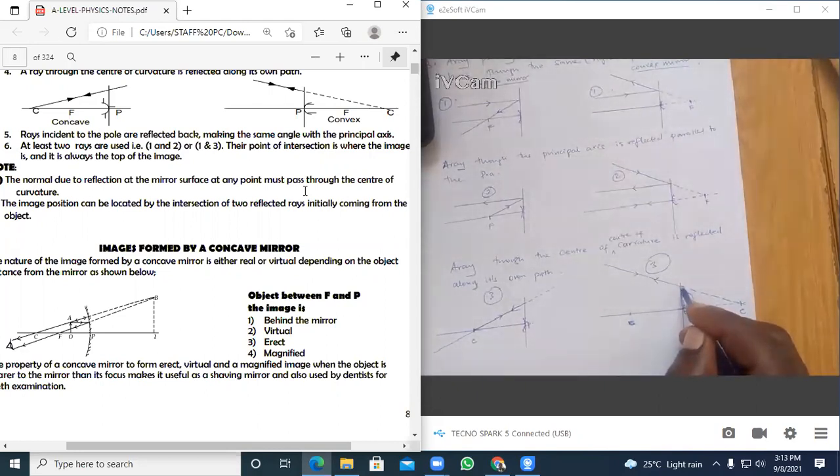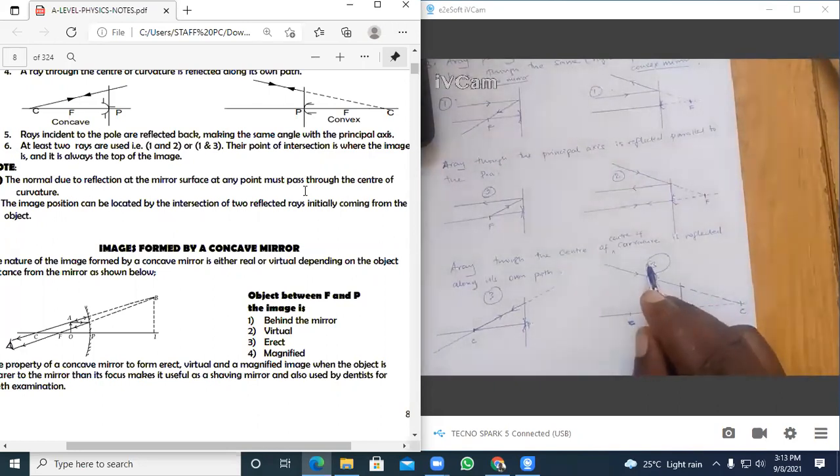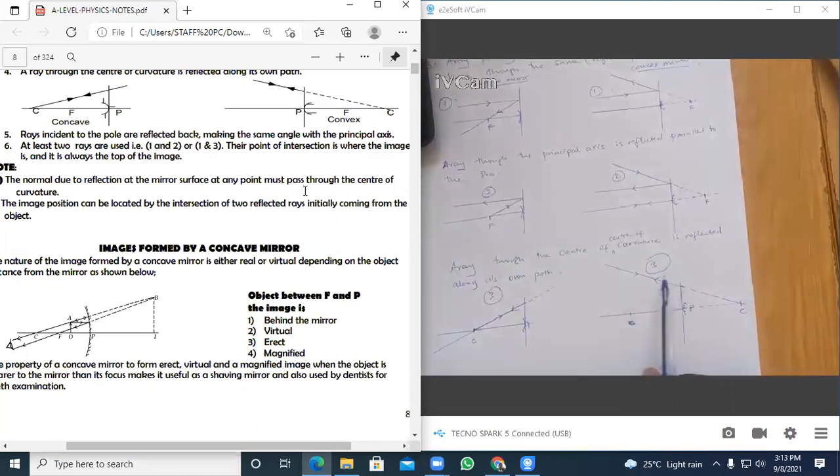If it is incident normally, then after reflection, it must pass through the same path. That ray also comes from the center of curvature, and then passes back through the same path. Why? Because at this point, it will be 90 degrees.